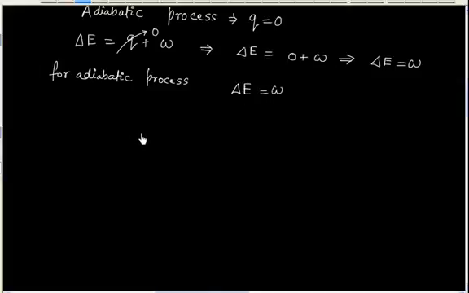Now let us write the expression for work and internal energy. W is written as minus P dV, where P denotes pressure and V denotes volume.